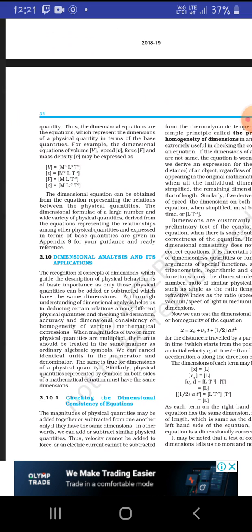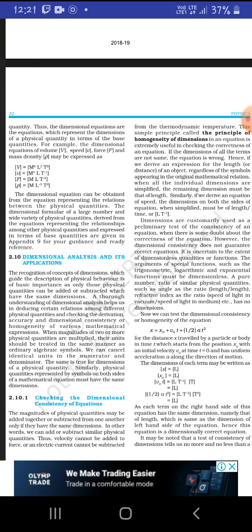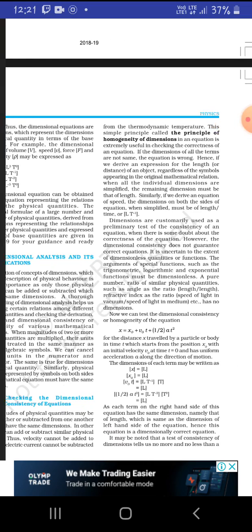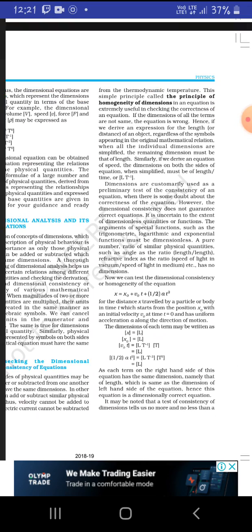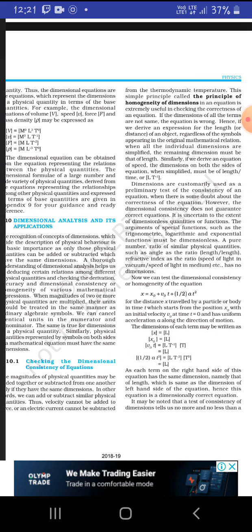So, checking the dimensional consistency of an equation. To check the dimensional consistency of an equation, each term may be written as shown. Speed is equal to LT minus 1, as you know, so mass is cancelled.